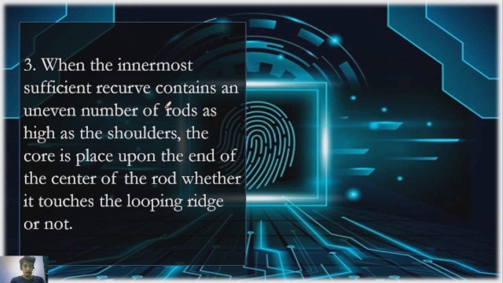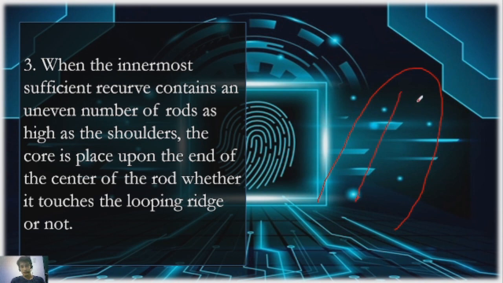Okay? So, number 3, it says here also that when the innermost sufficient recurve contains an uneven number of rods. Okay, so let's say meron tayo dito the innermost ridge again, and it contains uneven. So, uneven, it means it could be 3, 5, or in other words, odd numbers.